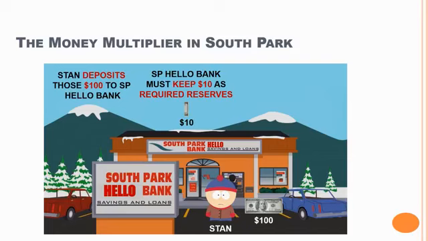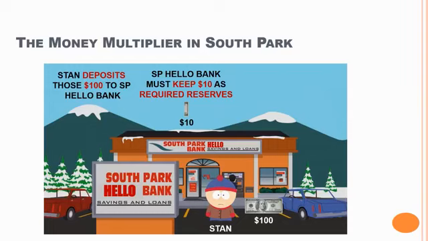You know that in a fractional reserve banking system, commercial banks must keep a fraction of all demand deposits in reserve. The typical required reserve ratio is usually 10%. That's the example that we usually use, but it could be anything, okay?